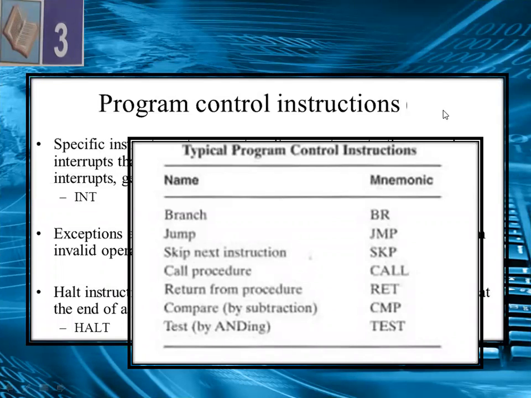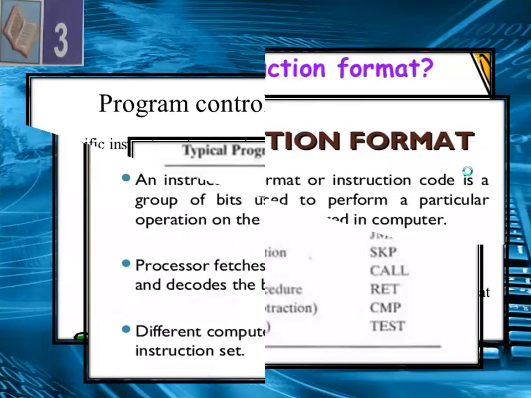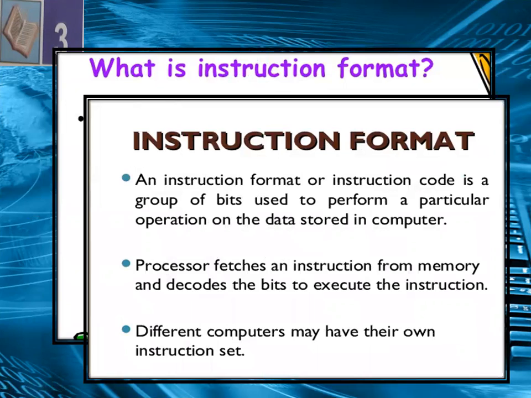So dear students, now I'm going to talk about instruction format. An instruction format or instruction code is a group of bits used to perform a particular operation on the data stored in the computer. The processor fetches an instruction from memory and decodes the bits to execute the instruction.